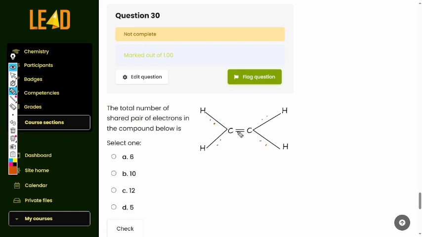Then notice between the carbon atoms, you have 2 lines, so it means there are 2 pairs of electrons here. In total, the number of shared pairs of electrons is 1, 2, 3, 4, 5, and 6. So we have 6 pairs of electrons being shared here, and the correct answer is A.